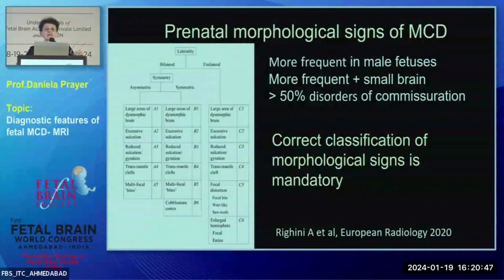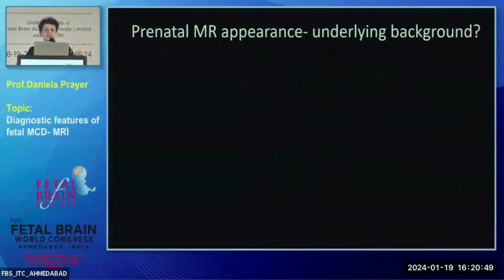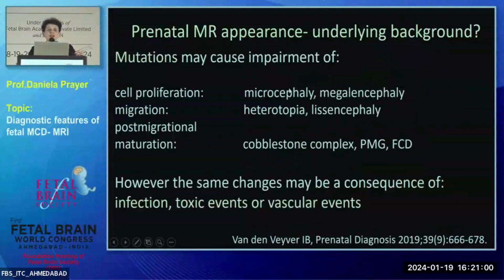However, I will not talk about the classification. I will try to find features that may point to a perhaps genetic underlying background. We know that mutations may cause impairment of cell proliferation, migration, and post-migrational maturation.